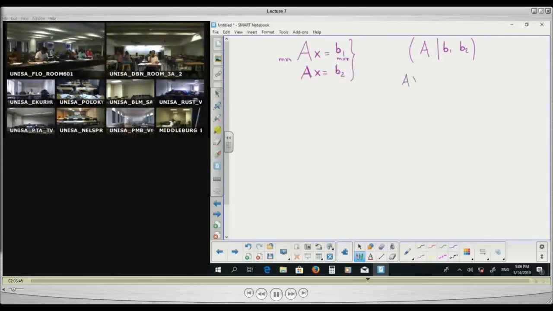Okay? How to solve this? Well, take this augmented matrix, apply Gauss-Jordan again and again and again. No solution for one of them means no solution for the whole system. Okay? So it has to have a solution for each one of them. And then you will be able to find the general solution for X. Okay? So B1 and B2 both must be in the image to have a solution.